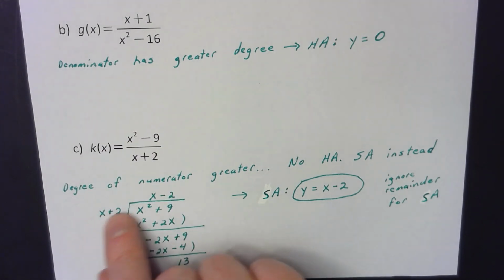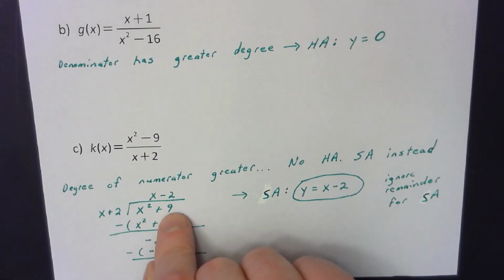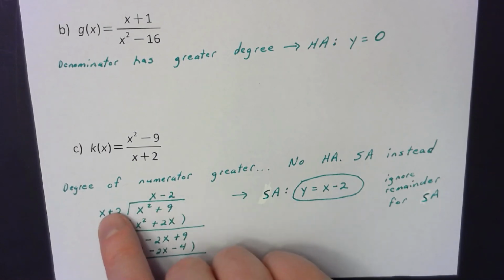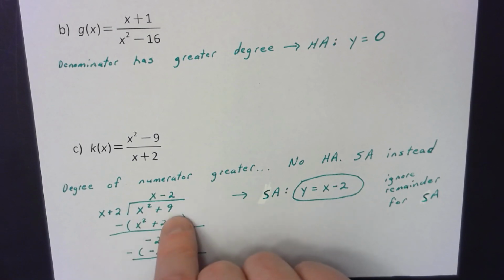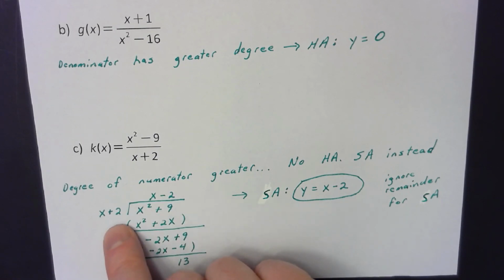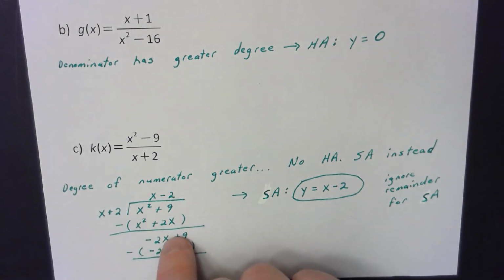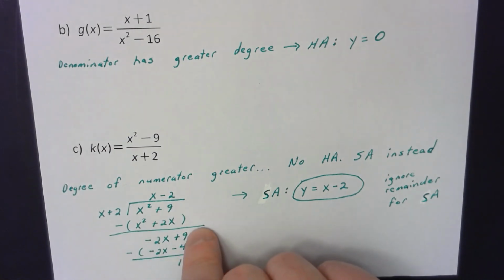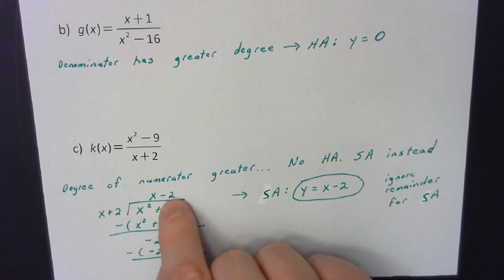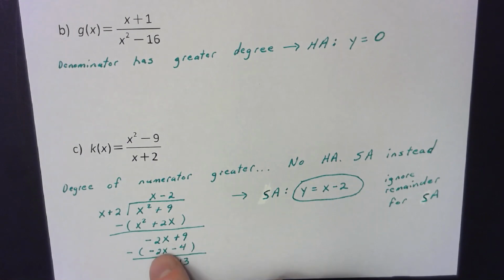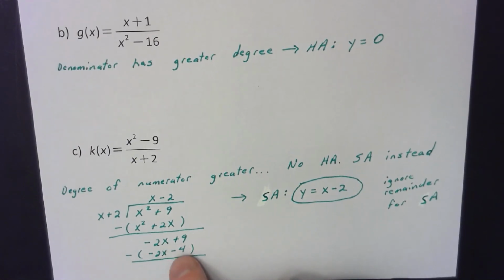I need to divide that x plus 2 into the x squared plus 9. x goes into x squared x times. x plus 2 gave me x squared plus 2x. I subtract that out. The x squareds cancel. And then I would have minus 2x plus 9 brought down. x goes into minus 2x negative 2 times. So I get negative 2 times x is negative 2x. Negative 2 times 2 is minus 4. Then I subtract that out.